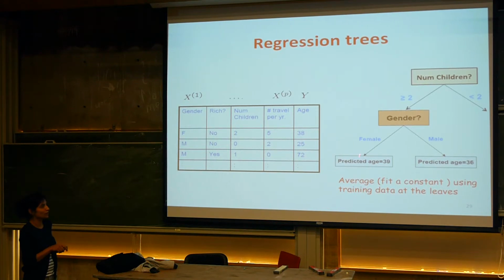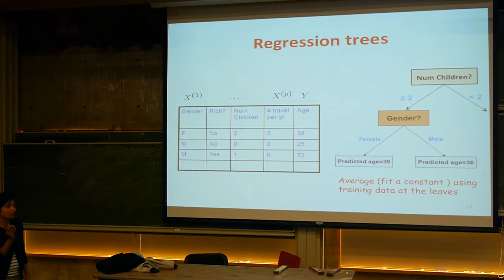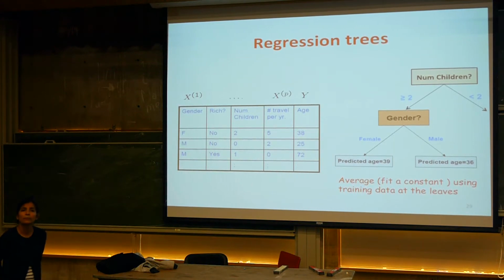Once you have sorted down all your training examples, you still pick these features based off of information gain, and where to split also based off of information gain. Once you have learned that tree and sorted down all your training examples to the leaves, you just take an average in this case to predict the age. But as I said, you can get fancier and do whatever kind of fits. Makes sense. In that case, the outcome of a regression tree will become only a limited number of discrete real values.